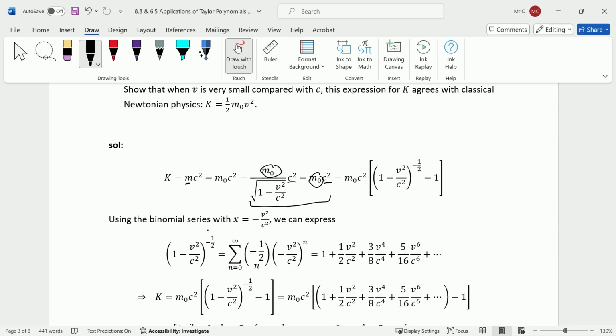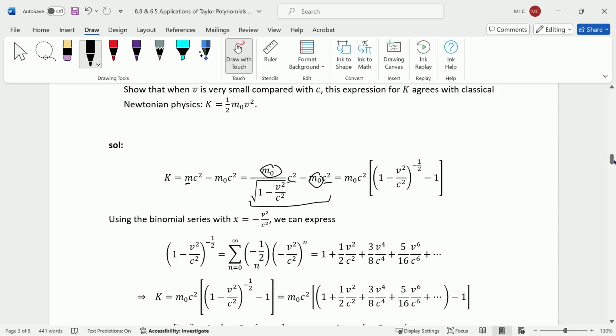Now we can use the binomial series, with x being equal to negative v squared over c squared, to express this as the sum from n equals 0 to infinity of negative 1/2 choose n times negative v squared over c squared to the nth power.